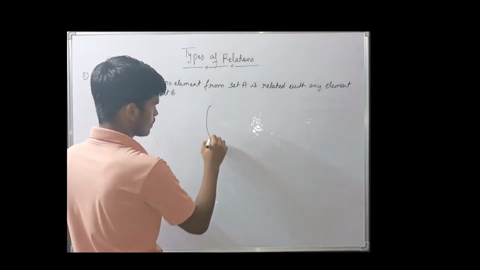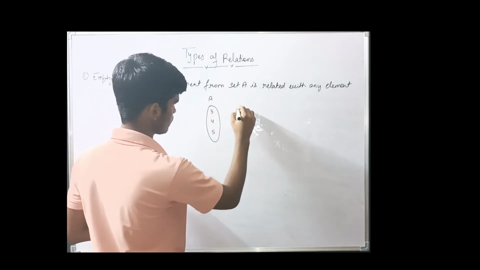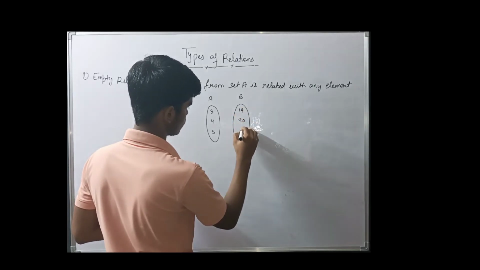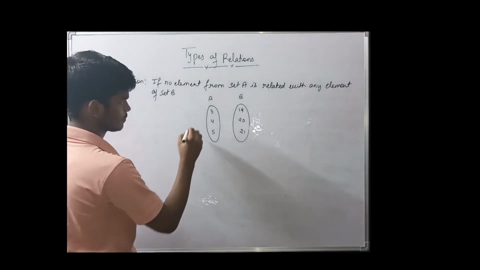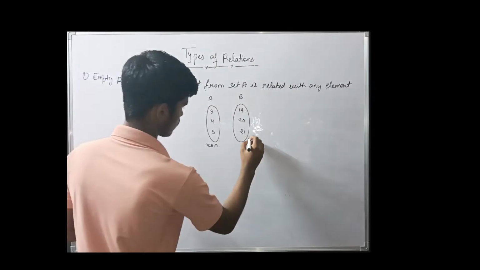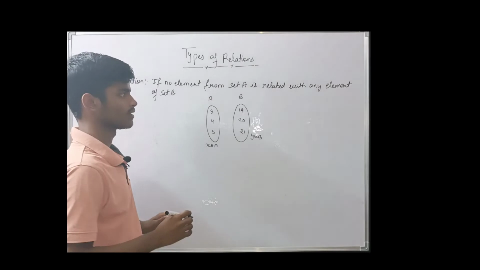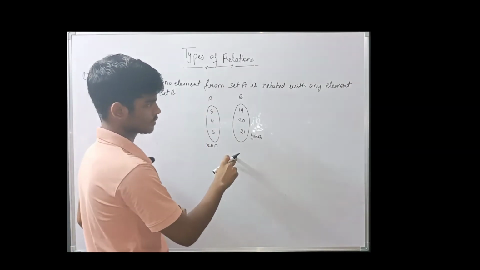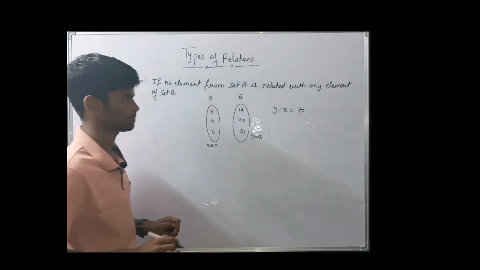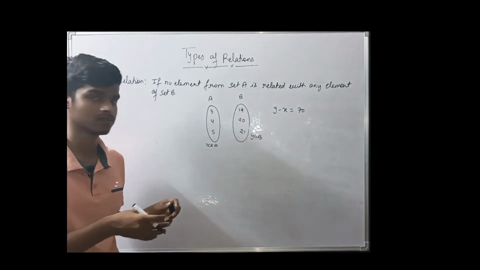For example, if I have set A, let's say it has 3, 4, 5 as the elements, and set B has 19, 20, 21 as the elements. Let X belong to A, and Y belong to B. So this is set A, this is set B. If I define a relation between these two that Y minus X should be 70, is this possible?